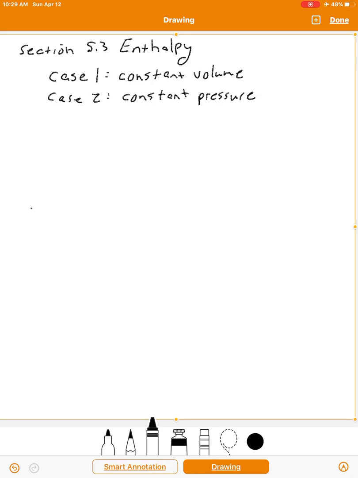The idea here is that imagine we have a cylinder, which again would be just like a coffee cup, only this coffee cup has a movable membrane or a movable piston.